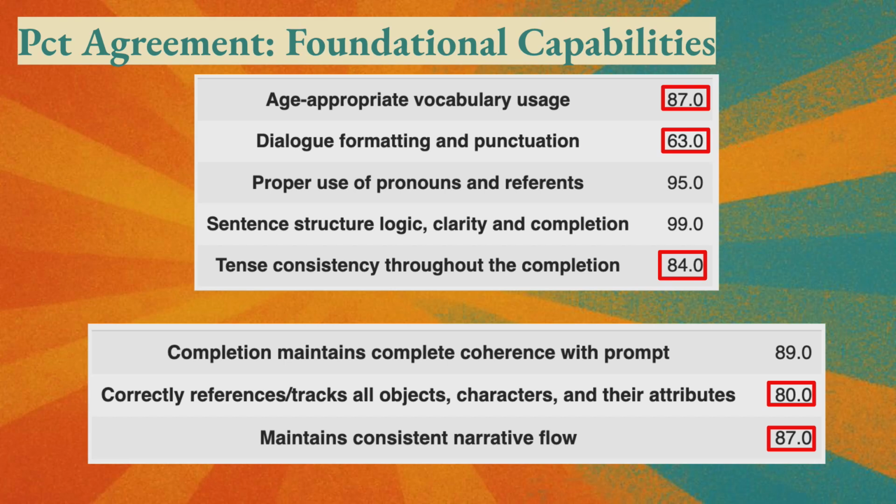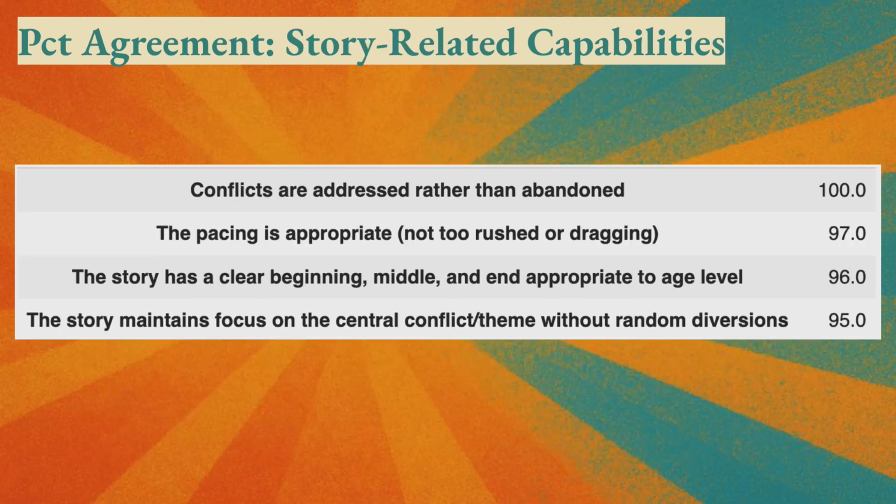And correctly references tracks all objects, characters, and their attributes for context tracking was at 80%, which was kind of my threshold for what I was looking to eliminate. And when we look at plot, there was very good alignment, 90% plus on all 4 criteria.